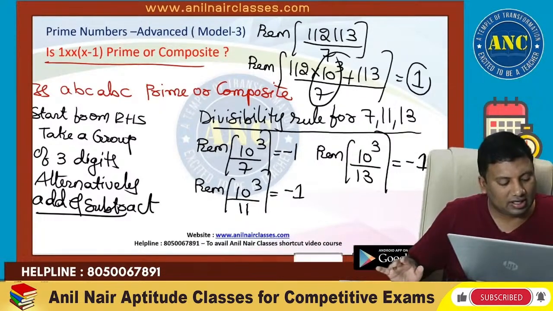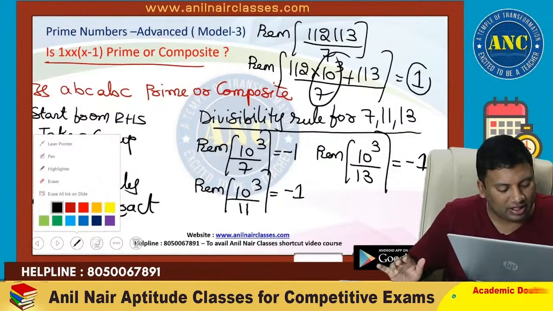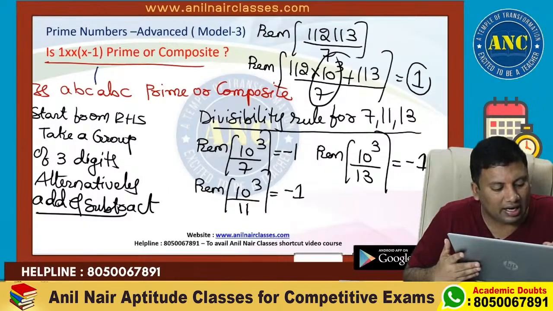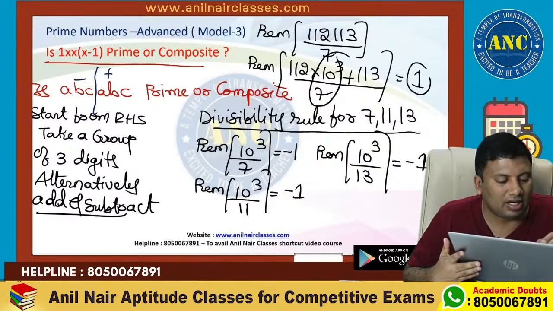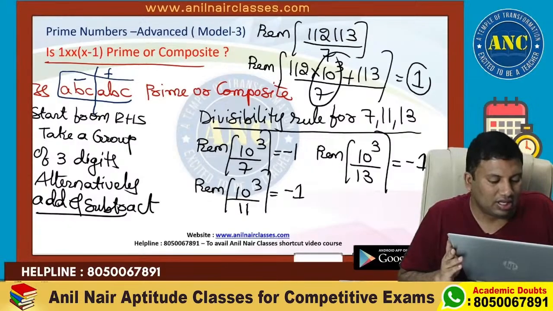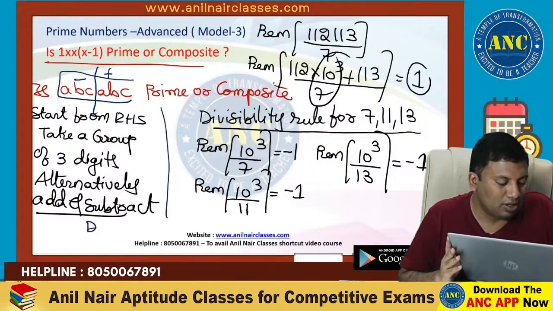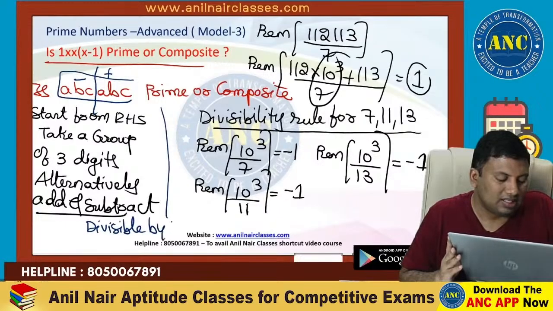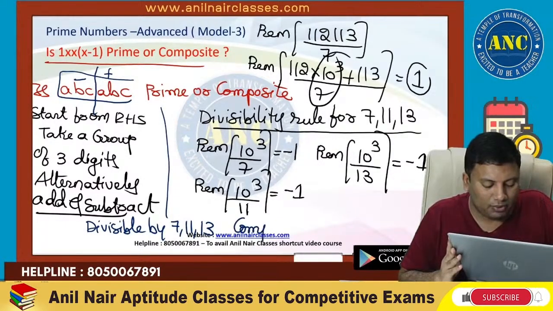Now see here: if I take a group of 3 digits and alternately add and subtract, plus ABC minus ABC, it is 0. That means this number is divisible by 7, 11, 13. So the answer is composite number.